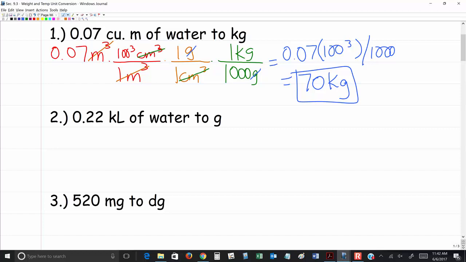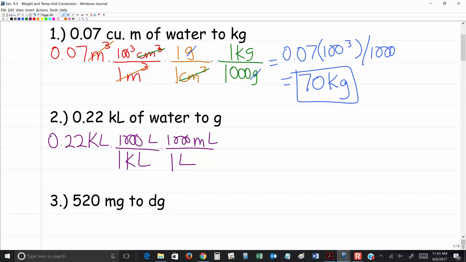So 0.22 kiloliters of water convert to grams. All right, so starting with 0.22 kiloliters. And I need to convert that to eventually milliliters. So 1 kiloliter equals 1,000 liters, and 1 liter equals 1,000 milliliters.